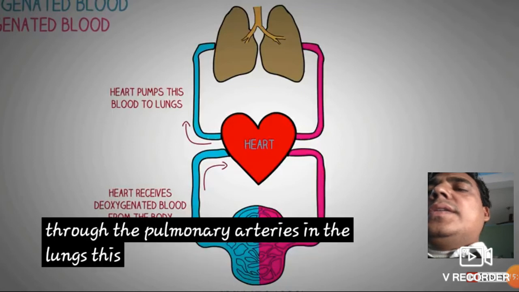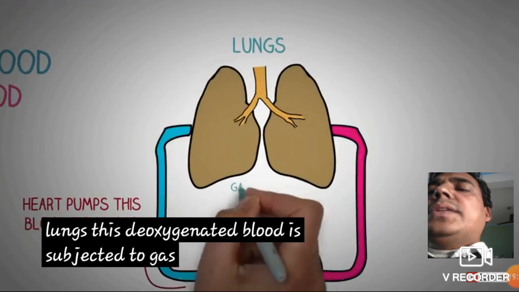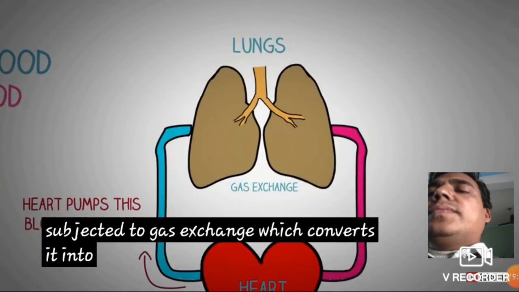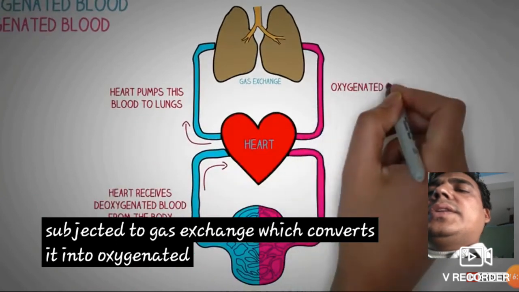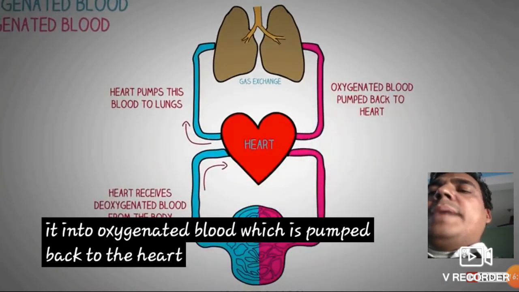In the lungs, this deoxygenated blood is subjected to gas exchange, which converts it into oxygenated blood, which is pumped back to the heart.